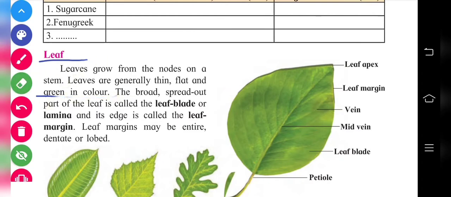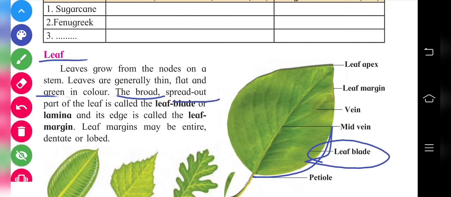The broad spread out part, meaning the outside part of the leaf, is called the leaf blade or lamina. This is also called lamina.